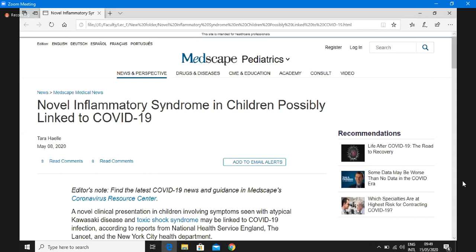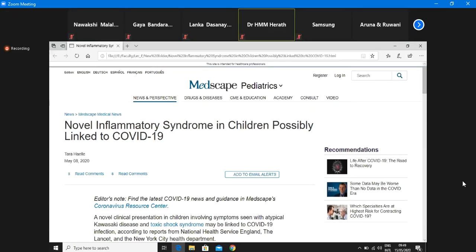We all know what Kawasaki disease is, a very dangerous condition with 5 main criteria to diagnose. And there is a condition called atypical Kawasaki, where you might not have all the criteria to diagnose. Also conditions like toxic shock syndrome may be associated.